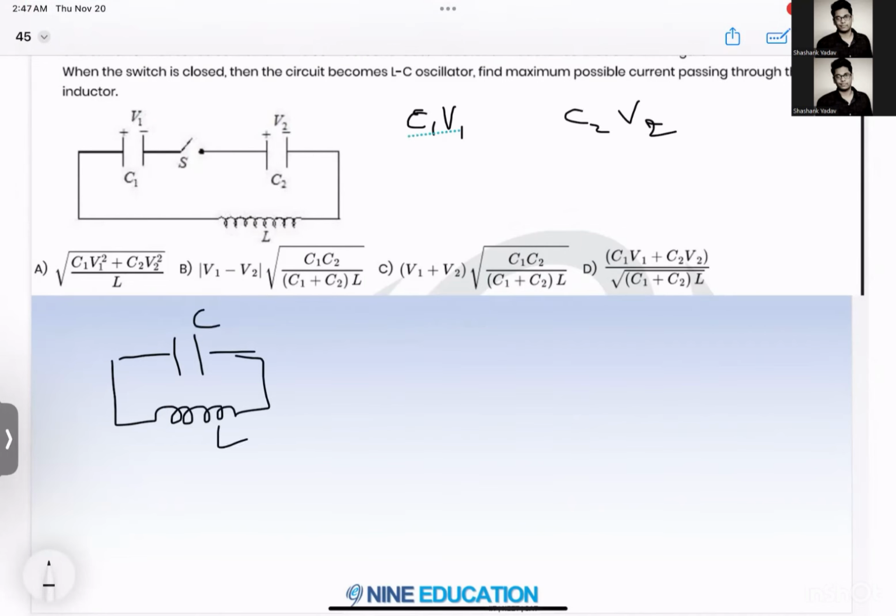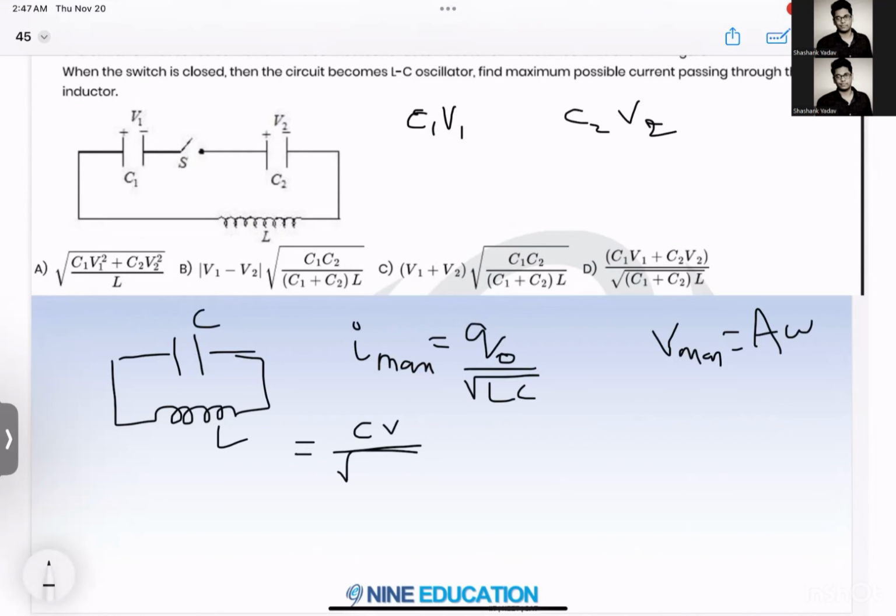In an LC circuit, maximum current is similar to a spring mass system where maximum velocity is given as A into omega, where A is the maximum displacement. Therefore, this is going to be maximum charge Q naught into omega. Omega in this case is 1 by root LC. But Q naught can also be written as C into V. Therefore, this can be written as CV by root LC, which is nothing but V under root C by L. Here V is the voltage across this, which is going to be the sum of V1 and V2.